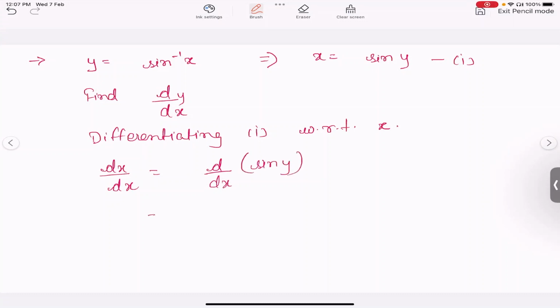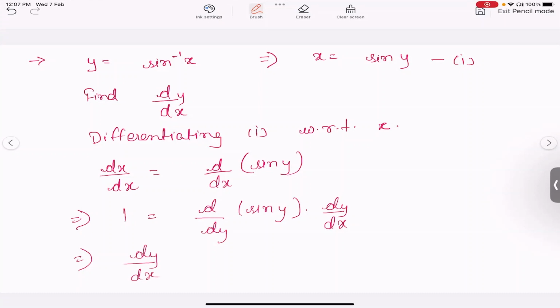This is what we have. Now we will apply the chain rule, times dy by dx. So dy by dx is equal to 1 by the derivative of sine y with respect to y, that is equal to 1 by cos y.